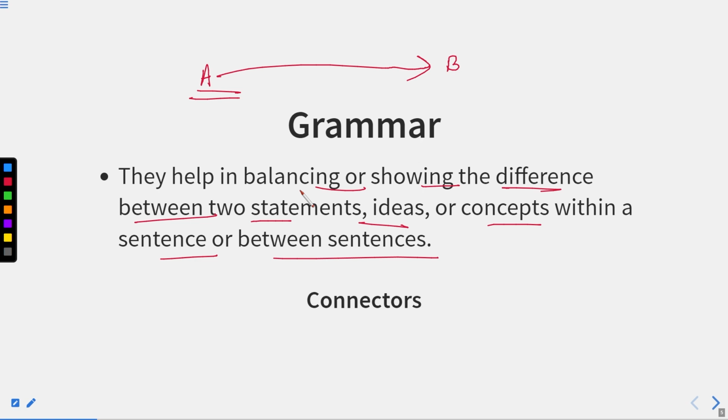So, though he did not have money, yet he helped B. This is showing the contradiction, that the opposite thing is happening. It means there is a contrast in the two situations, there is oppositeness in the two situations. Yet it is going to happen. So the word which is showing this contradiction is balancing the situation. These types of connectors are known as contradictory connectors. Now let us proceed.